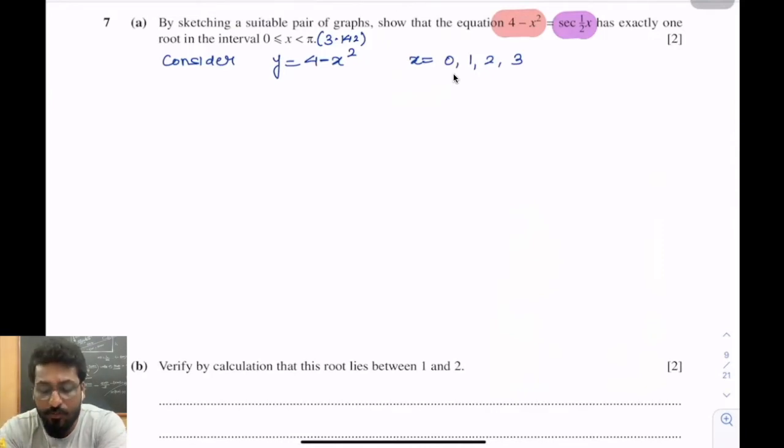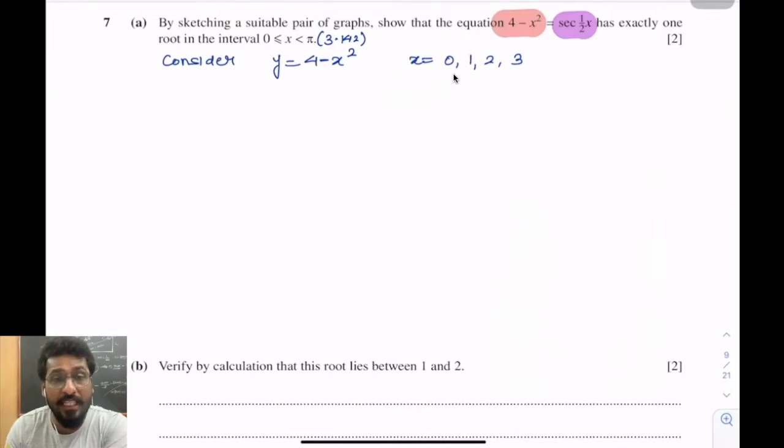So let's check. If I plug the value of x as 0, I get 4. I plug the value of x as 1, then the value of x as 2 and 3. So let's check whether it is the U-shaped parabola or the N-shaped parabola. The coefficient of x square definitely decides the shape of the parabola. So I have 4 minus x square.